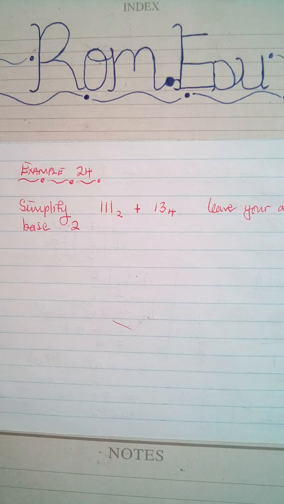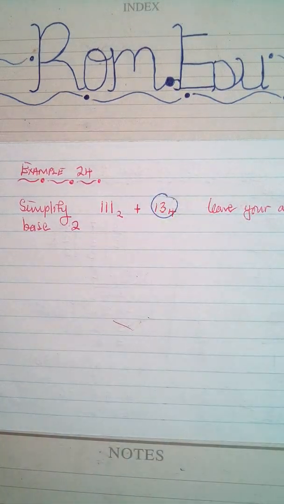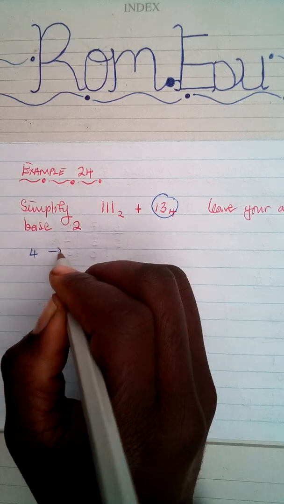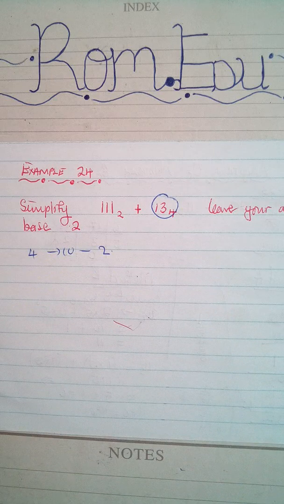So let's look at example 24. Simplify 1 base 2 plus 13 base 4. Leave your answer in base 2. So what we're going to do is convert 13 base 4 to base 2. Remember, we move from base 4 to base 10, then base 10 to base 2. We don't have a direct method under the O-level syllabus that specifies moving from base 4 to base 2 directly.